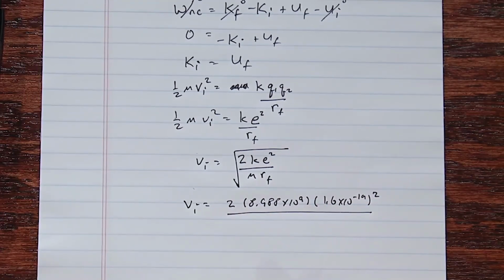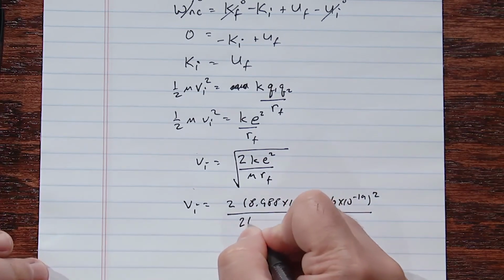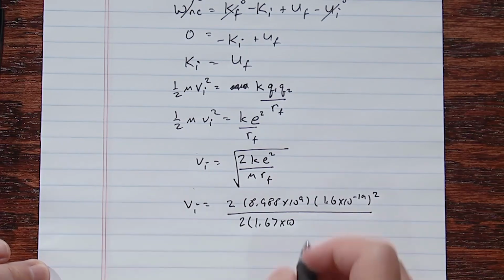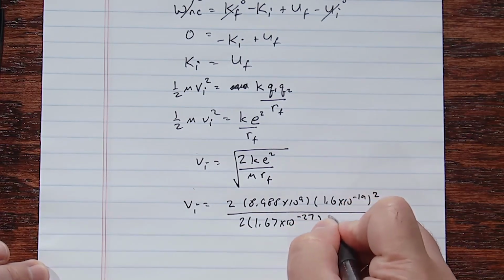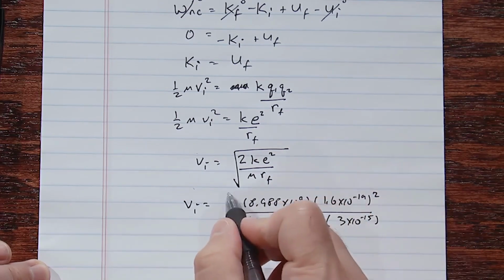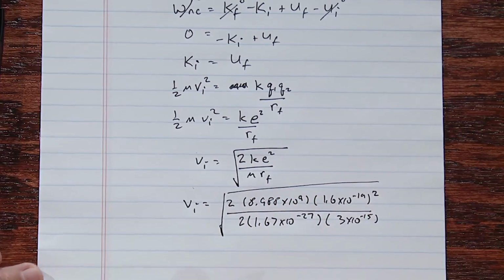We need the mass of a deuterium nucleus, and that is going to be about twice the mass of a proton, I don't have to be exact here, or 2 times 1.67 times 10 to the minus 27 kilograms times radius final, which is 3 times 10 to the minus 15, and take the square root of all of that.